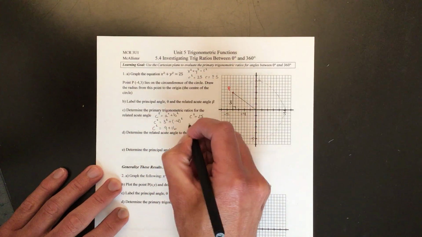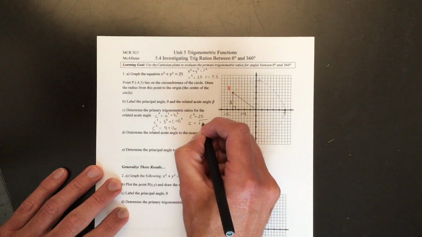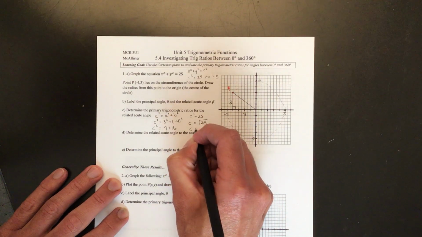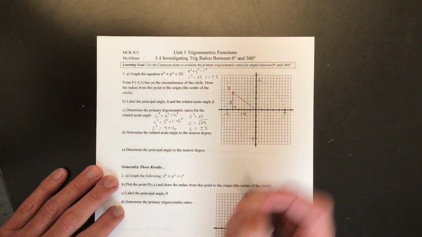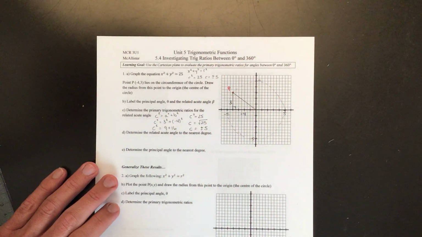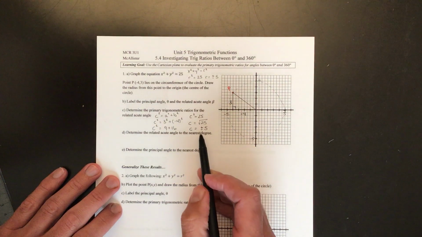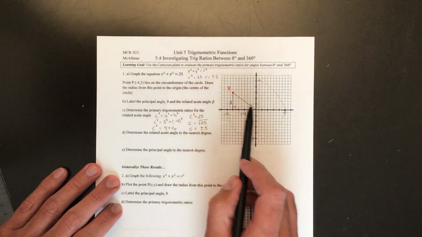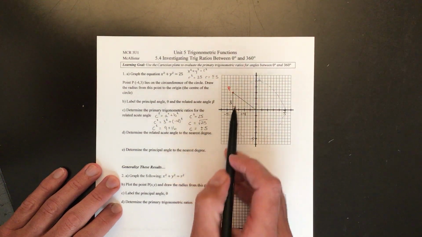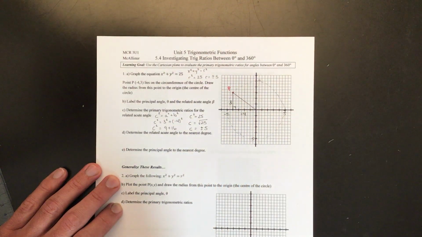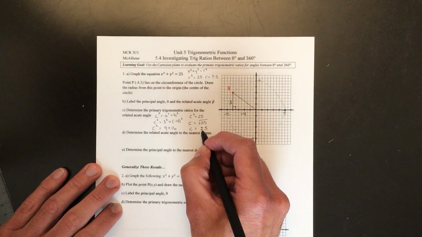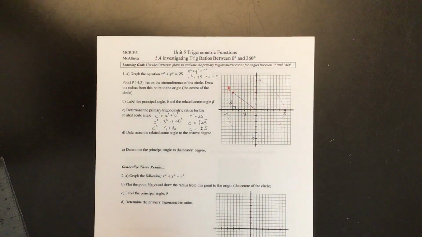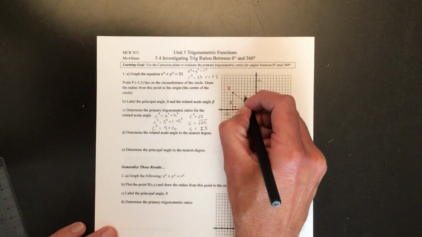C squared is equal to 25. C is equal to root 25, and C is equal to plus and minus 5. Now, because we're finding the hypotenuse, of course, we're not worrying about the negative, right? Because the hypotenuse is always just going to be positive. So when you take the square root for Pythagorean theorem, in this case, we're only dealing with the positive 5, which we get here.